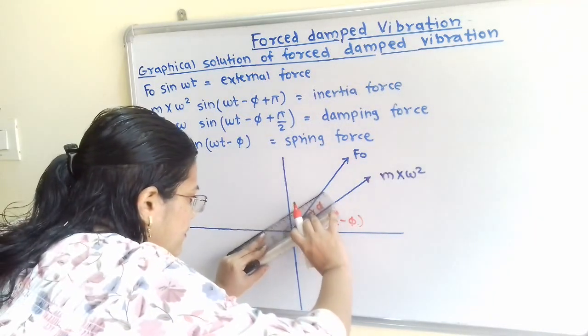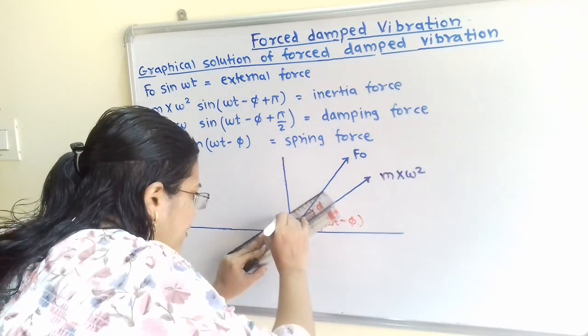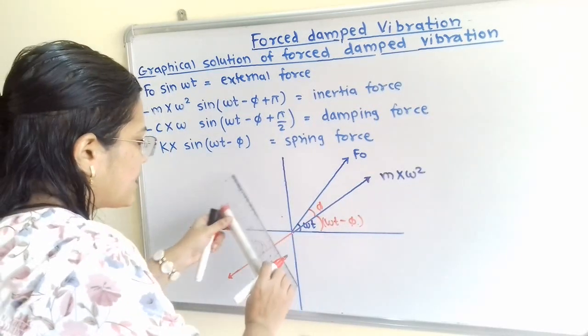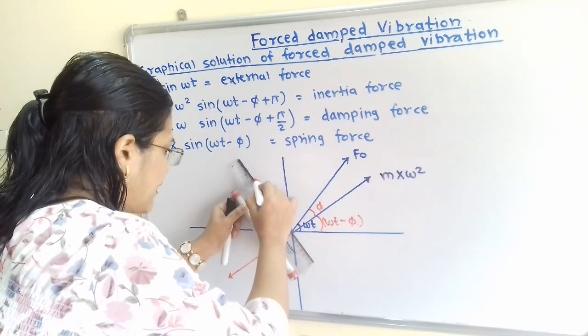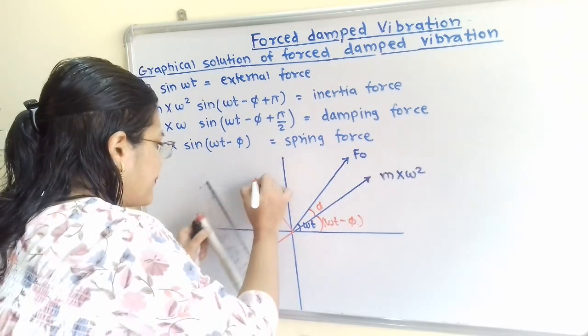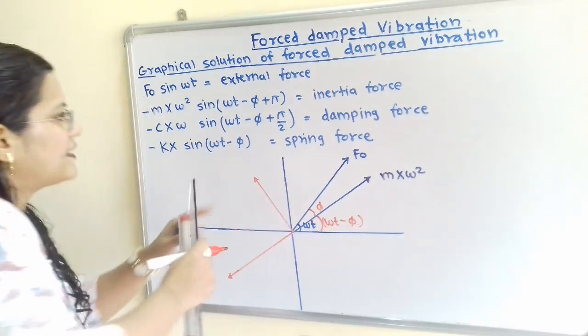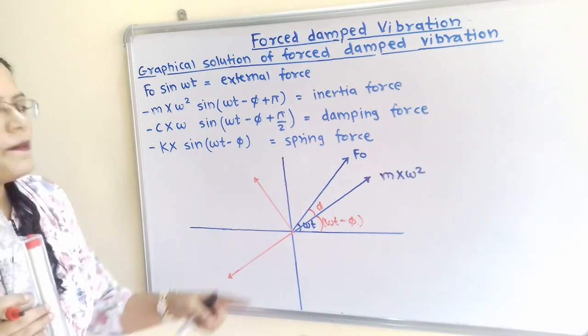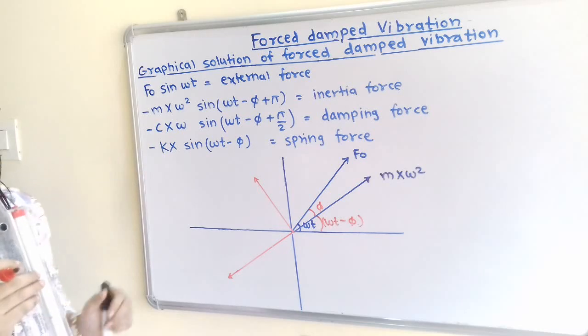So we will mark here one line at an angle of 90 degree, and we will draw one line. So this is the line at an angle of omega t minus phi plus pi by 2. But damping force is having negative sign.